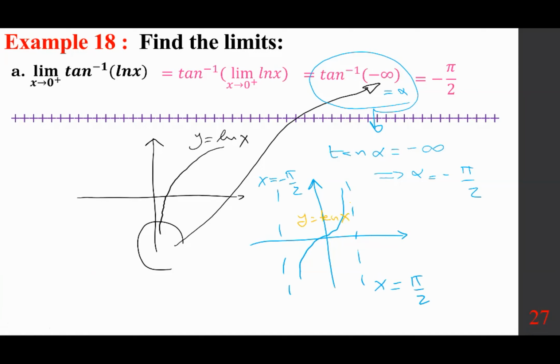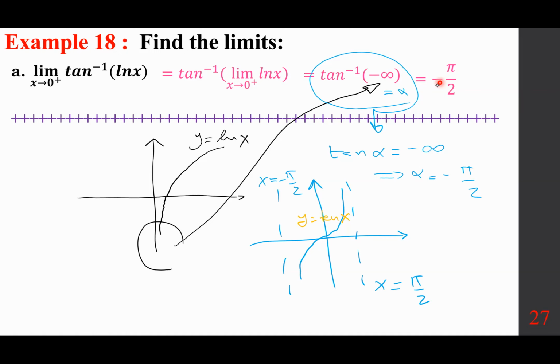And we need to know the general shape of all essential functions, elementary functions. One of them is the tan function. When we know that, then we know the answer to that is negative pi over 2. Negative pi over 2.